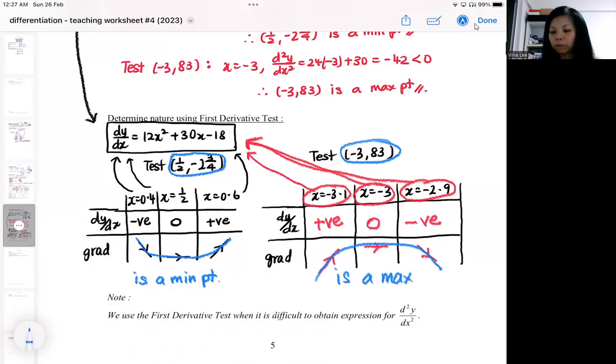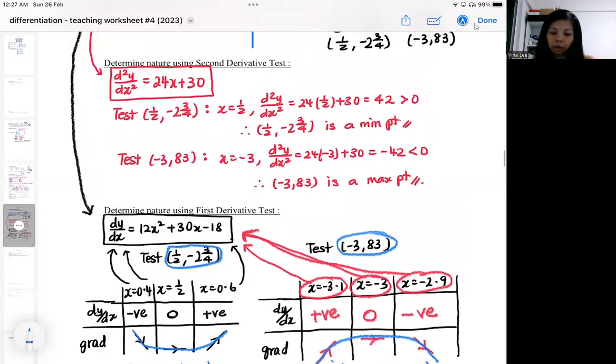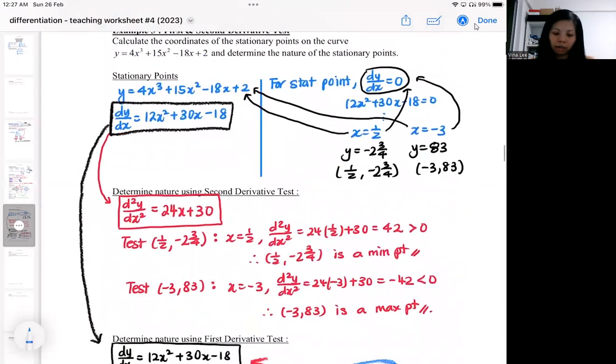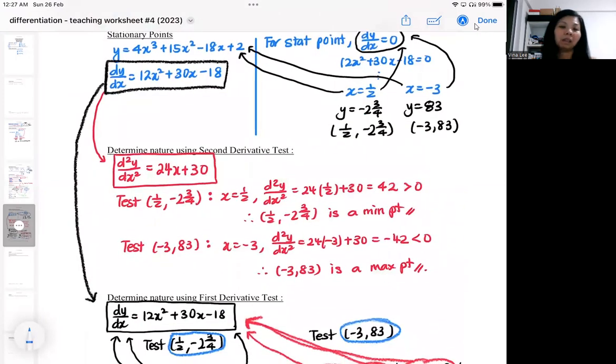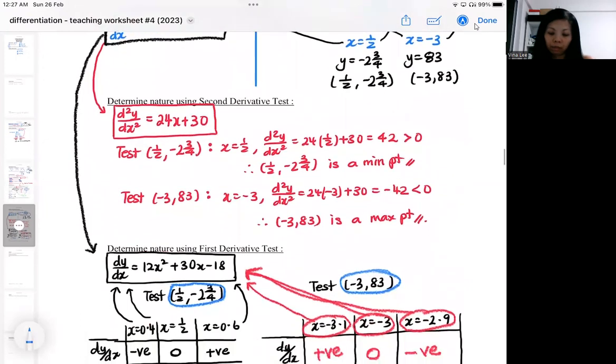The conclusion should be the same as the second derivative. So for a given question, I can do it by the first derivative, I can do it by the second derivative. Later on, the second derivative test and the first derivative test will be extended to maximization and minimization problems.